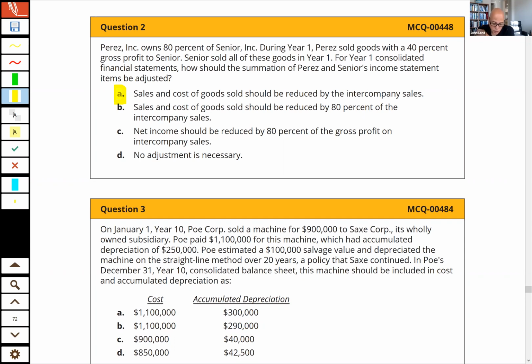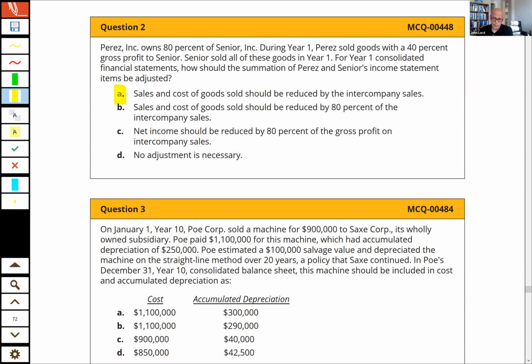Now, B, sales and cost of goods sold should be reduced by 80%. So that's wrong. Net income should be reduced by 80%. No, net income will be adjusted for what? It has nothing to do with it. All of the intercompany stuff gets eliminated. The only thing we do is we take out the portion of income to outsiders that's attributable to the non-controlling interest.